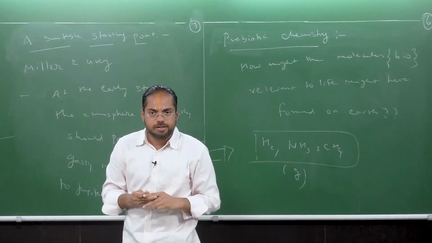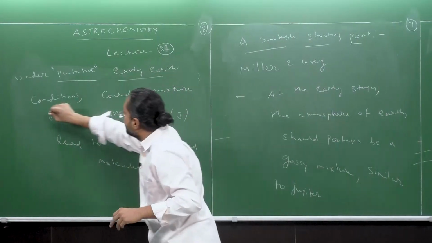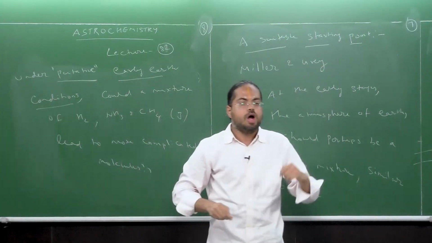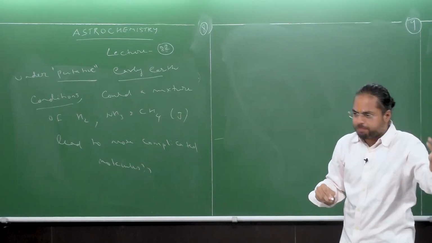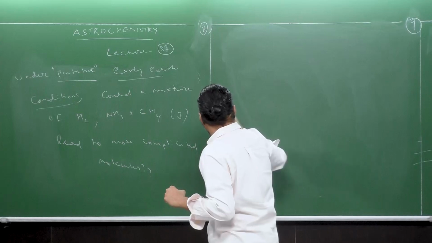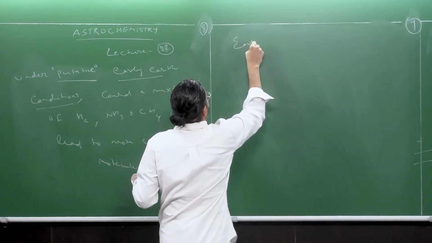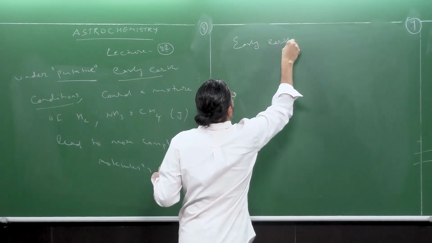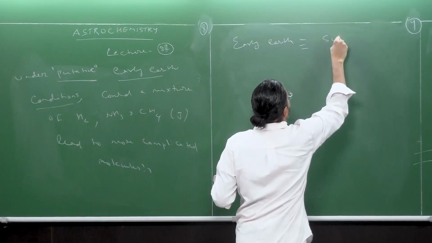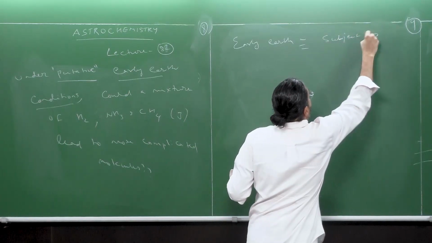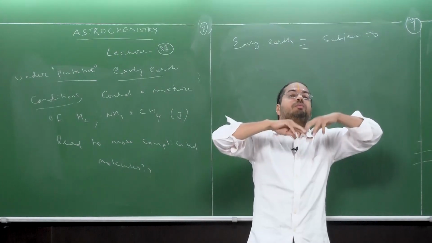Now, to answer this question, you must first define what the putative early Earth conditions could be. What Miller and Urey presumed was that the early Earth would be subject to a lot more cosmic wave bombardment because the protective layer of atmosphere was not there.